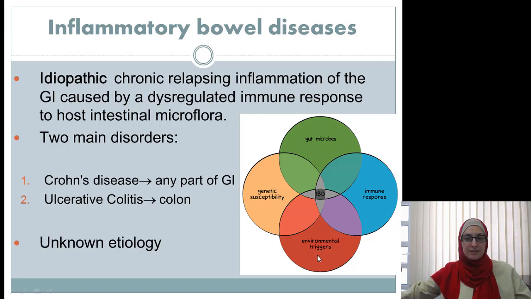Then certain environmental factors, including certain types of food, preservatives, for example, a reduced amount of vegetables and fibers in our diets, and relying more on synthetic or manufactured substances within our food.